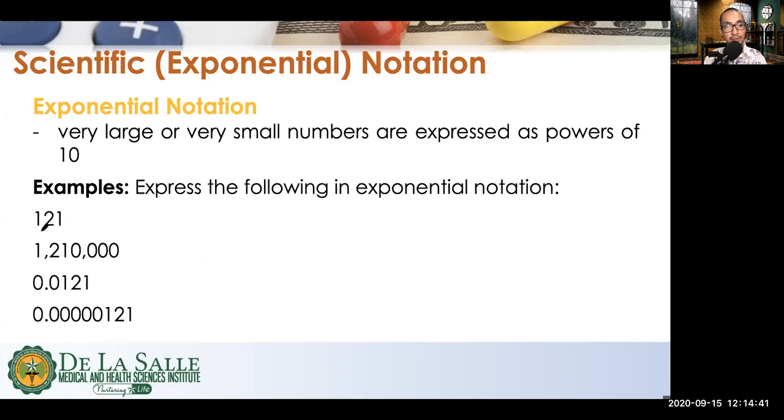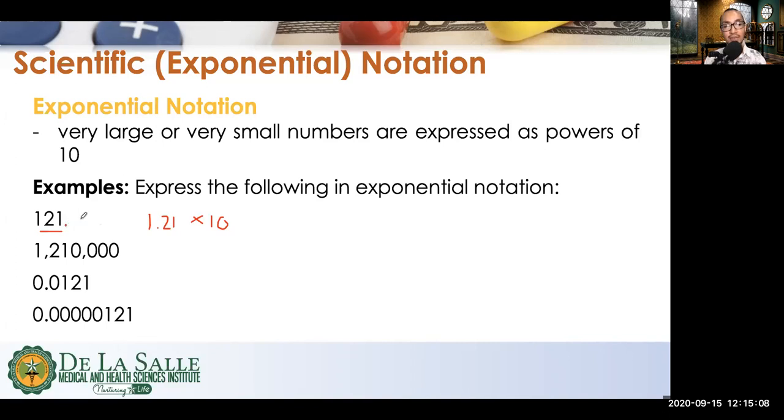So for example, 121 can be converted into 1.21, and it's the best base that we can choose from. And dahil naging 1.21, we will multiply it by exponents of 10. Now, ilang exponent of 10 yung kailangan? Kung ilang beses nag-move to the left or to the right yung decimal place.